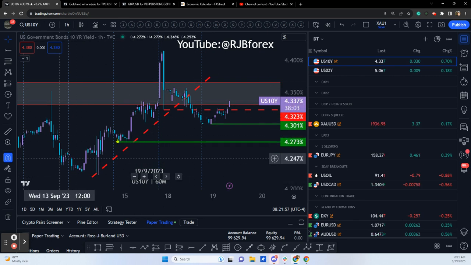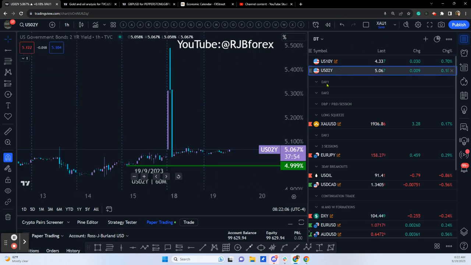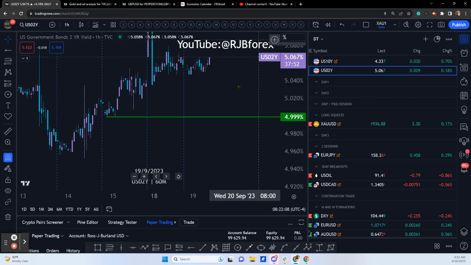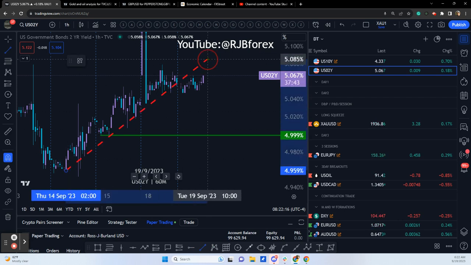This is the 10-year, the backside of this bullish trend. So perhaps we're coming up to new lows. The 2 years are less reactive, less bearish, so more supportive of the dollar at the moment.